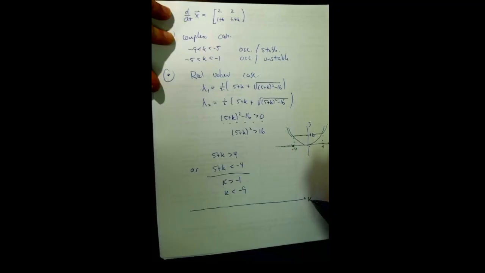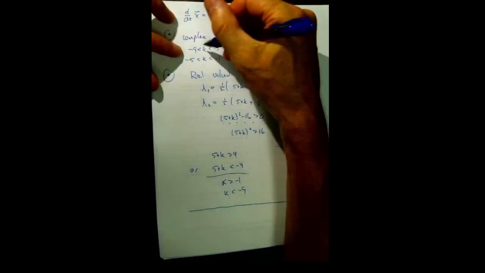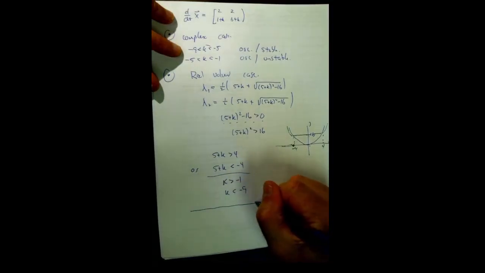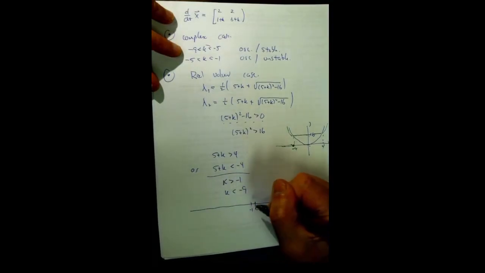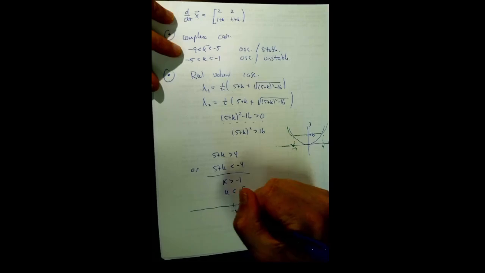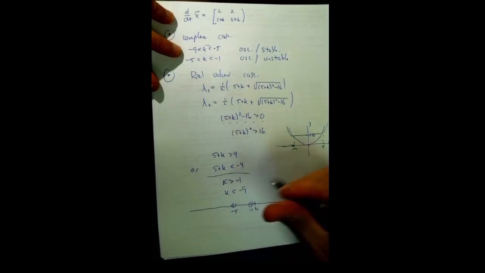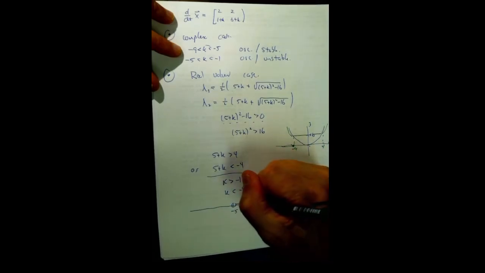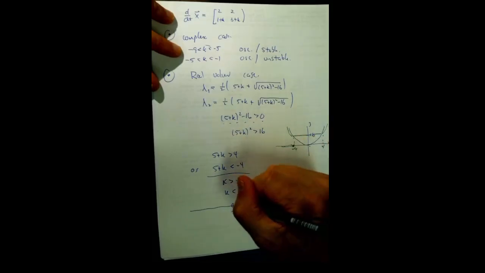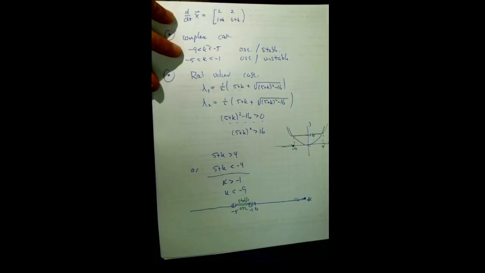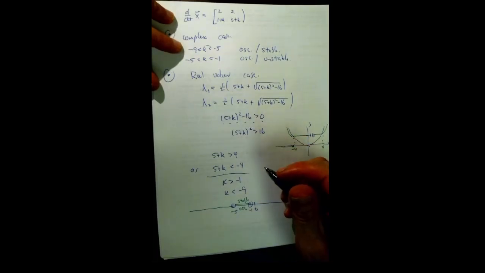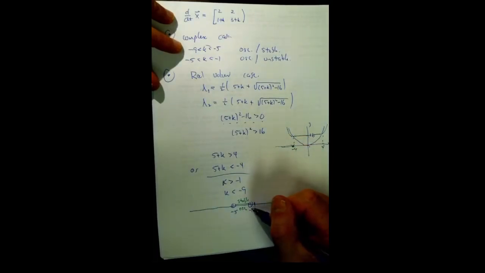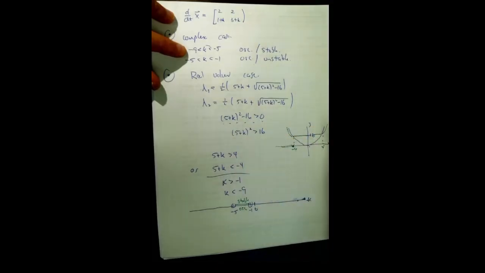And that makes sense because of what we already found out. From minus 5 to minus 1 is unstable.